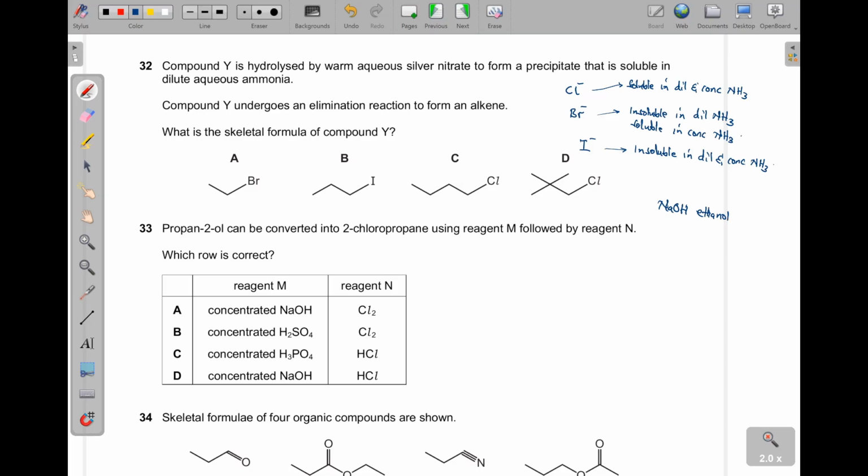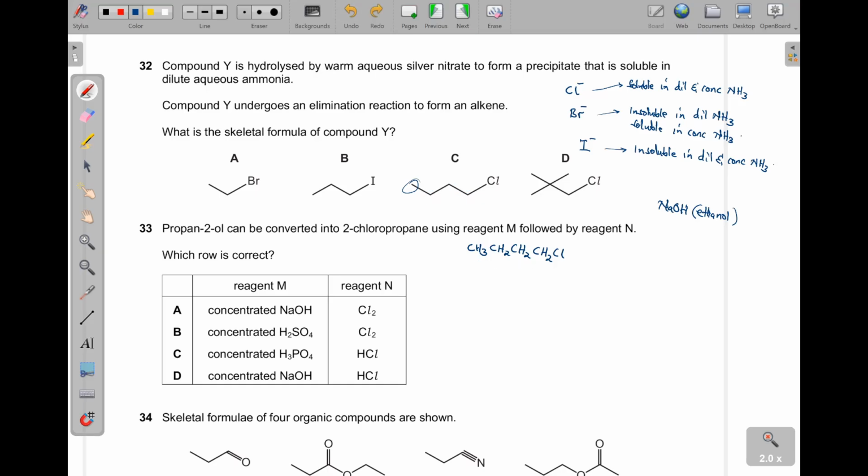Then you convert a halogenoalkane to an alkene. So let me write the structures here. Then for C, we are having a CH3, then CH2, CH2, CH2, Cl. 1, 2, 3, 4 carbons. So these are the ones that we are having there.